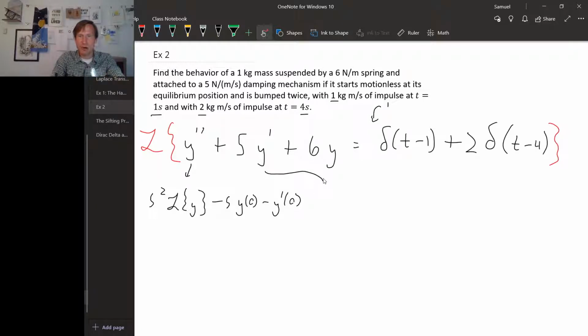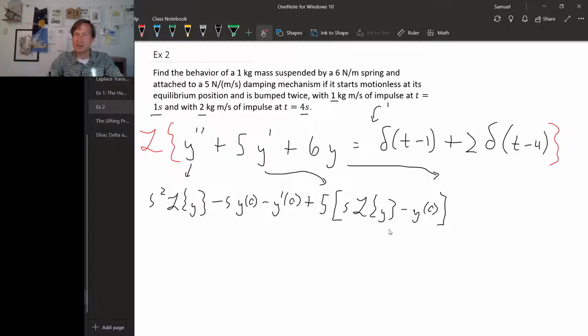Okay, and now for our y prime term, plus 5 times Laplace transform of y prime, which is s times Laplace transform of y minus y of 0.